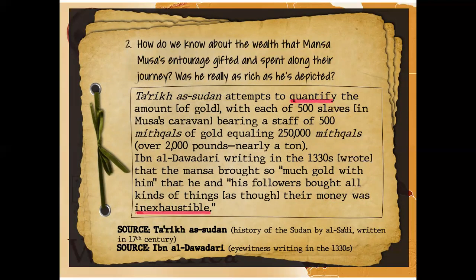Then Ibn al-Dawadari says there was so much gold, and this is of course more anecdotal than quantifying it or giving us numbers, but he says that what he observed is that Mansa Musa and his followers bought all kinds of things on their journey, such as in Cairo and then in Mecca, acting as though their money was inexhaustible, that it was limitless.